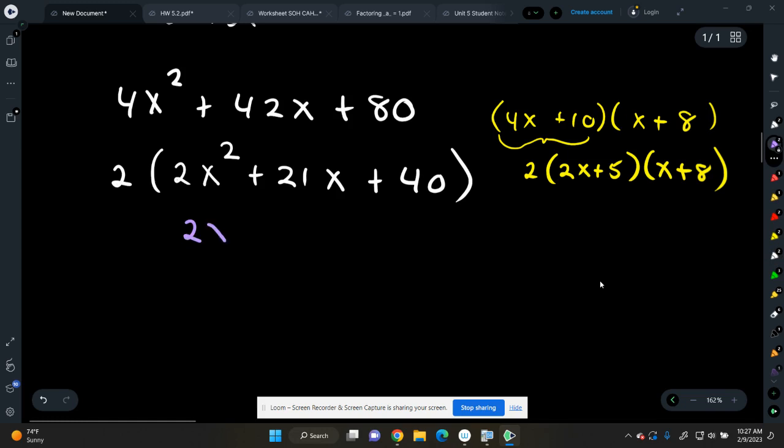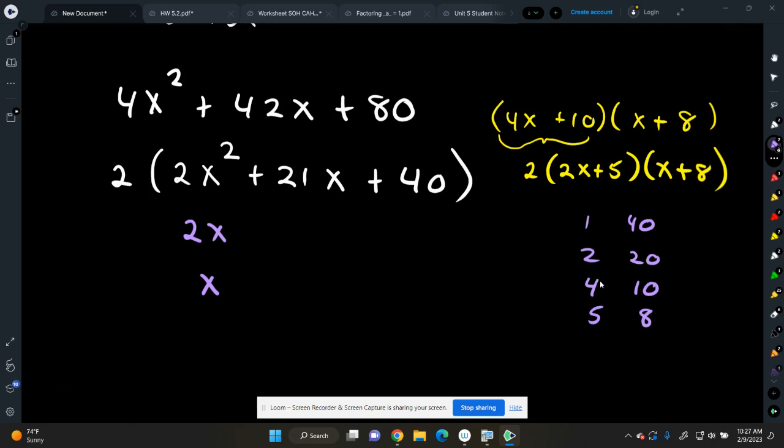And of course, we only have 2x and x, right? And then for 40: 1 and 40, 2 and 20, 3 doesn't go into 40, 4 and 10, 5 and 8, right? So looking at that, what do you think? Can you see anything that jumps out right away? Which one? 2x minus 8, 16.